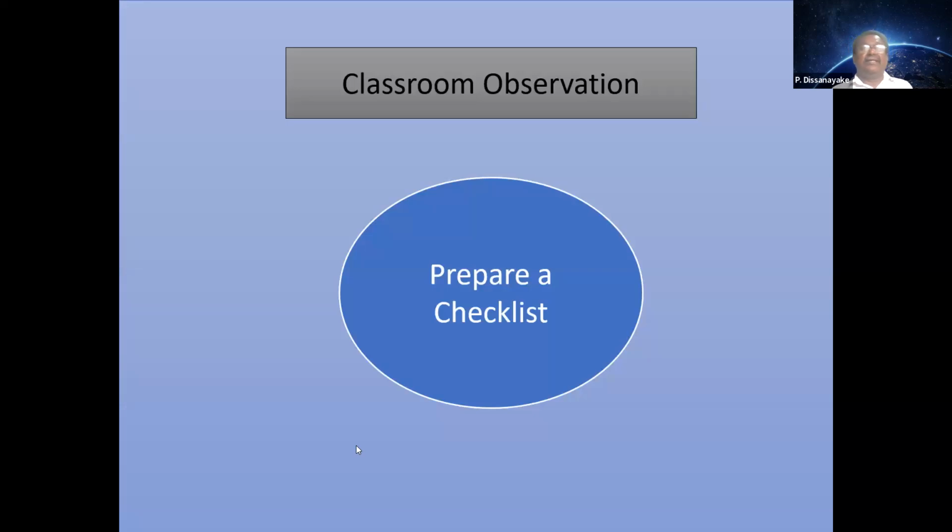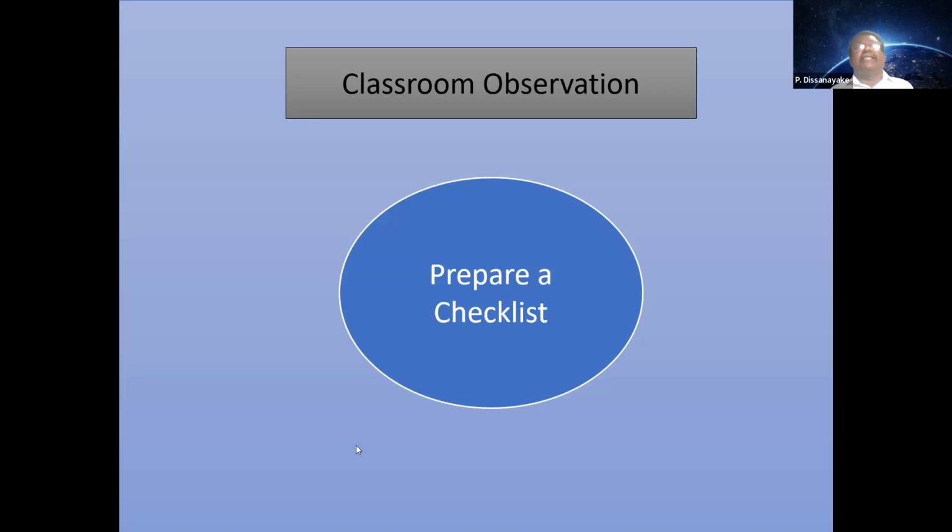Teacher journal. Apart from that, a specific checklist can be prepared. A checklist is parallel to a questionnaire. You may be observing another teacher, another class, or your own class. So a checklist can be prepared.